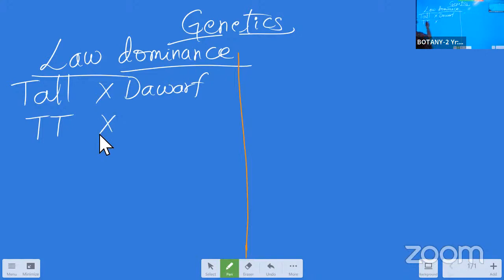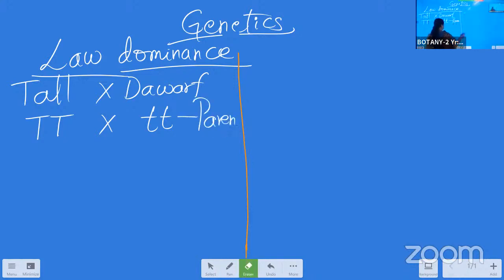So the tall character should be represented with the capital letter and dwarfness with the small letter. And these are the first parents, Parent 1.